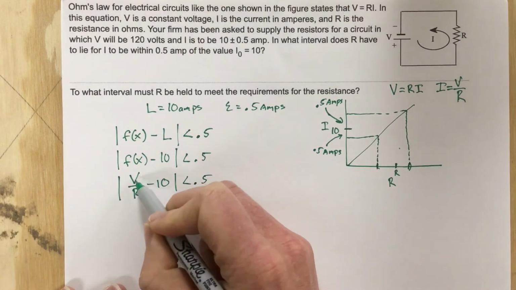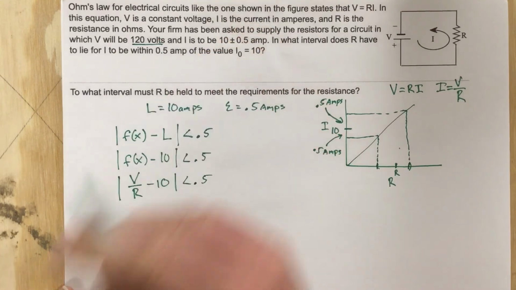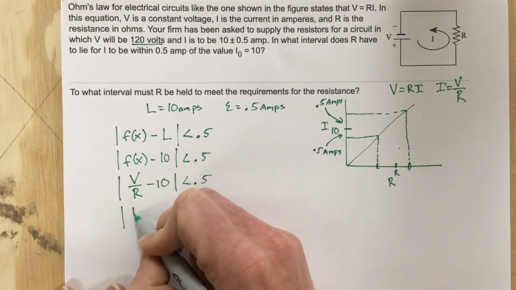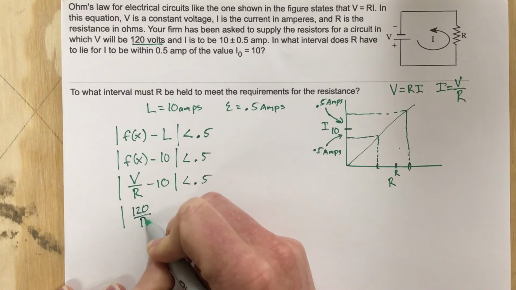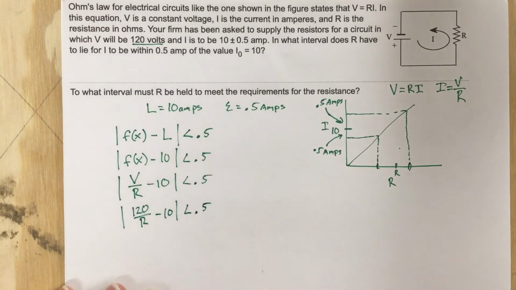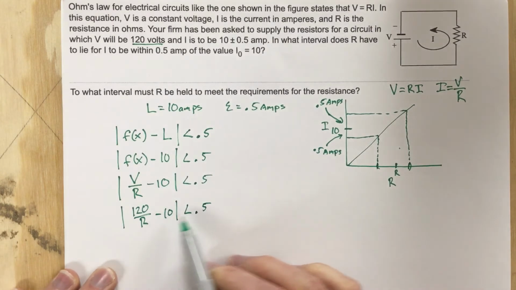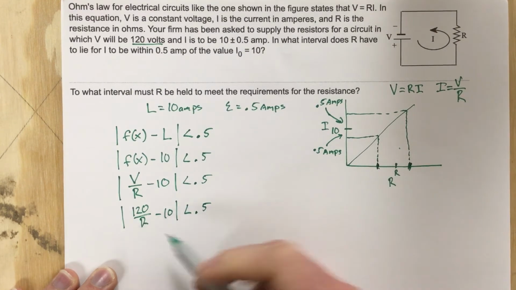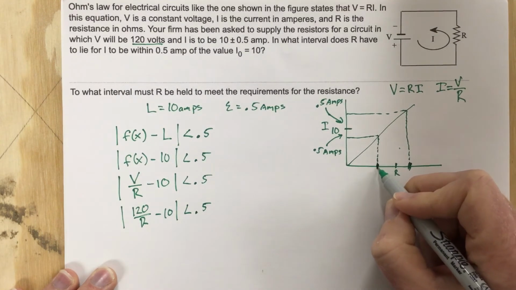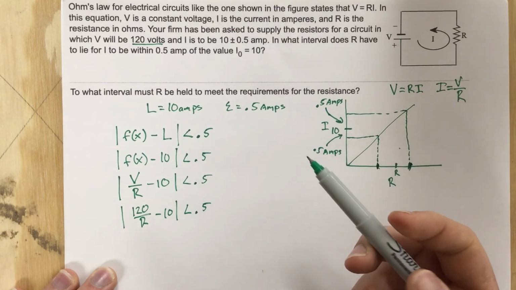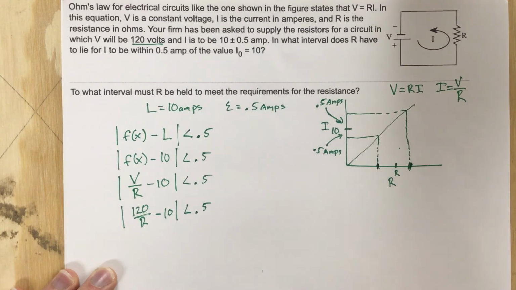Now we already know that the voltage we're being supplied is 120 volts. So now we can plug in: the absolute value of 120 over R minus 10 is less than 0.5. Now we just need to solve this like we've been doing to figure out our values for the resistance. We need to figure out the lowest and the highest value, because they're asking us for the system requirements for resistance.